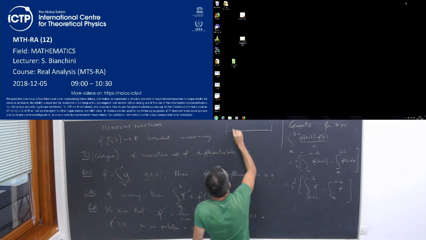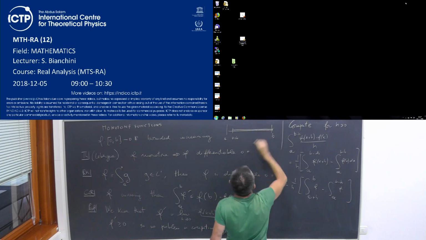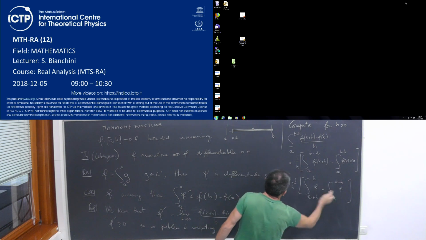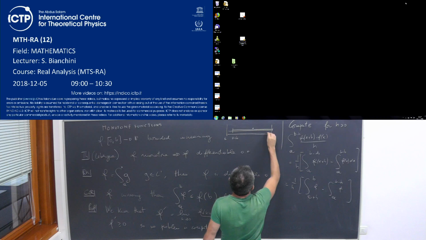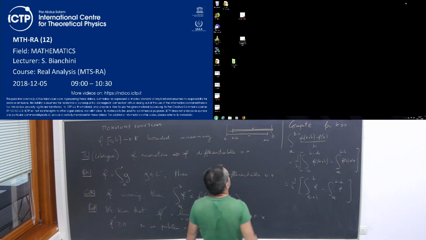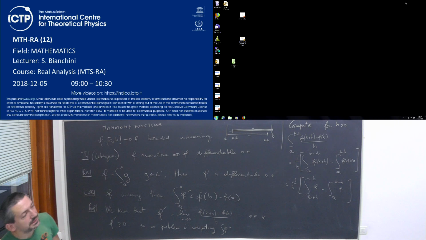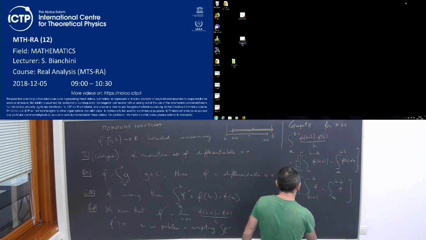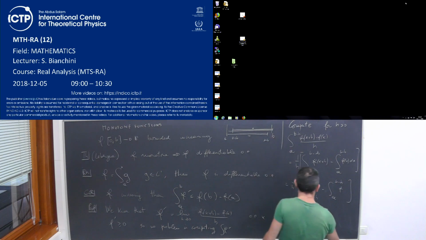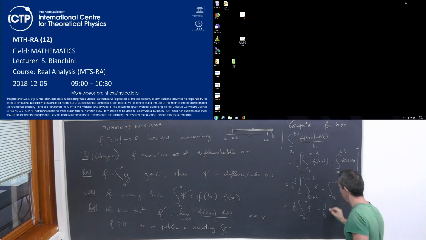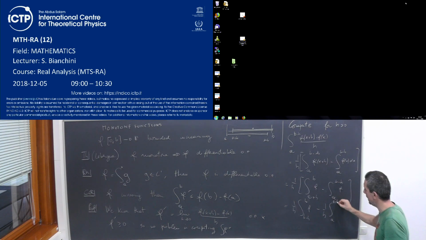So this guy goes from here with a plus, and then this guy goes to here with a minus. What is left? The two pieces at the end, no? So it's 1 over h times the integral from b minus h to b of f, minus 1 over h times the integral from a to a plus h of f.